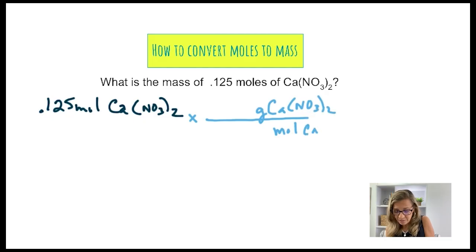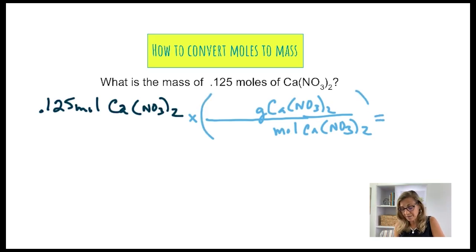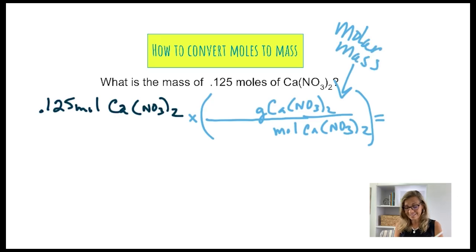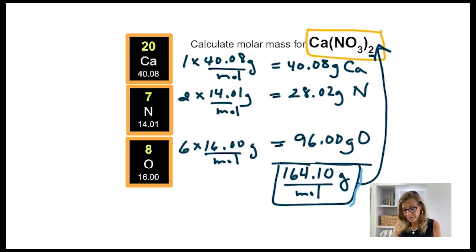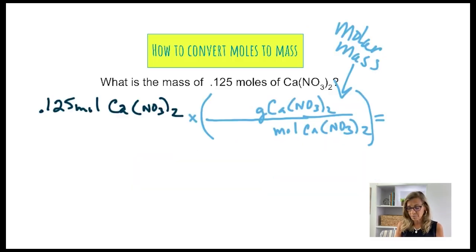Okay, now what is the relationship between grams and moles for calcium nitrate? Guess what this is right here? That is your good friend molar mass, which we just calculated. Okay, that ratio of grams per mole is molar mass. So there it is, 164.10 grams per mole. Okay, so when we multiply, what happens?